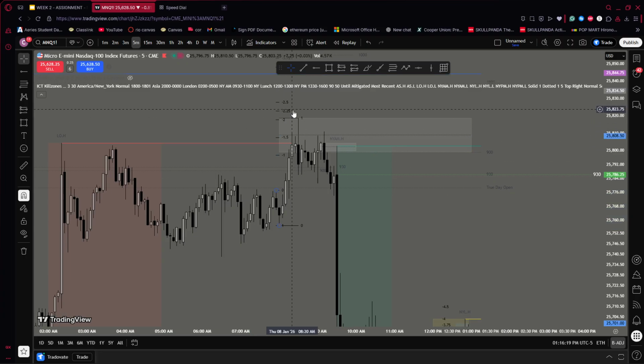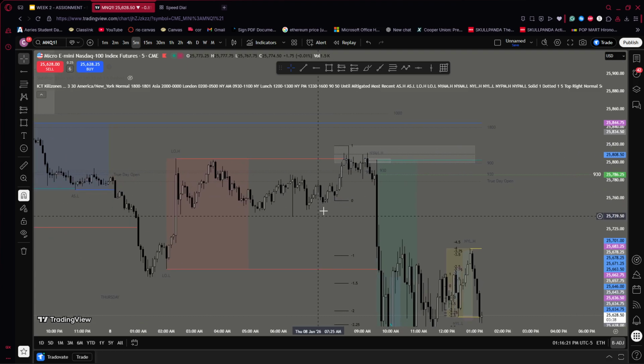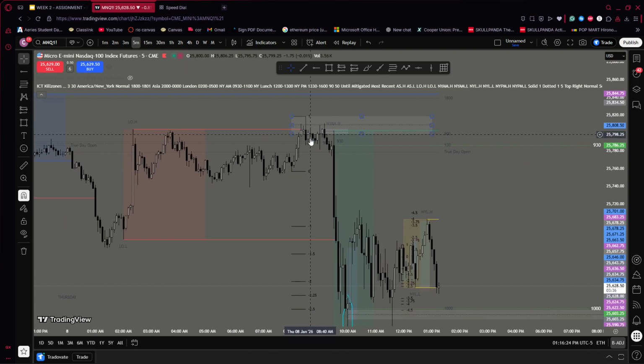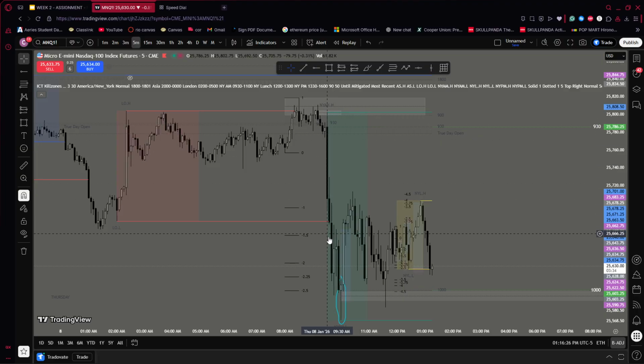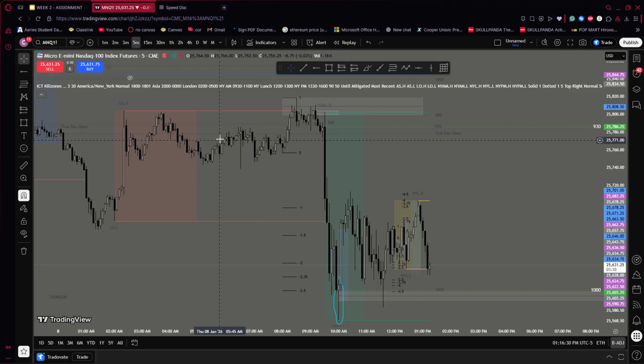And then if you anchor the manipulation leg right here, this is where you'll find the reversal point for the distribution. So the whole AMD, you're predicting the whole move. The accumulation, you mark this to find the top, or the reversal point for the manipulation.